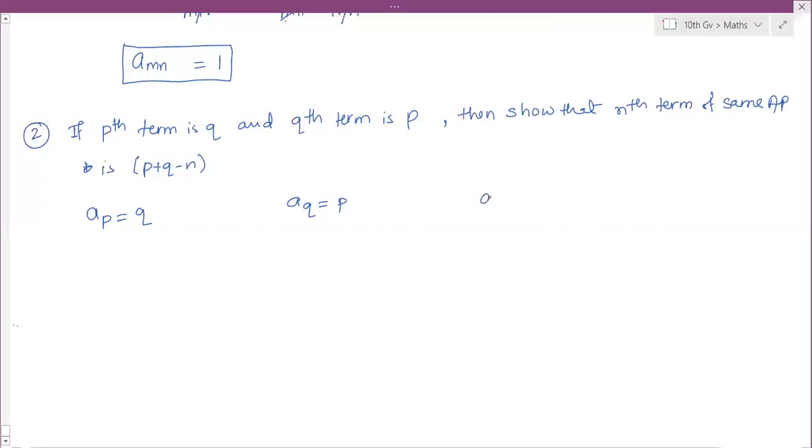Clear? They are asking the nth term is equal to p plus q minus n. So the first two have been given, the third you have to prove. ap is equal to q is given. So what is the formula? q is equal to a plus p minus 1 into d. Where is n here?